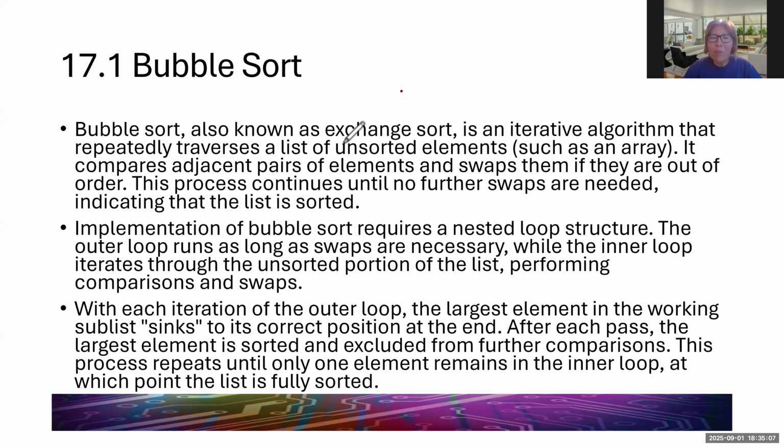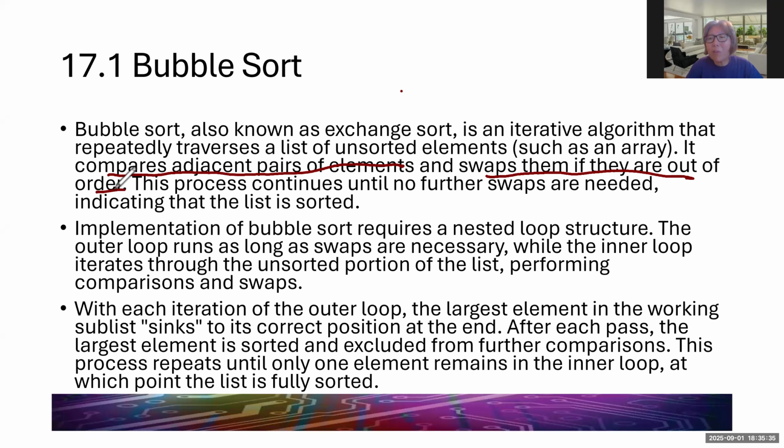What it does is traverse a list of unsorted elements. The unsorted elements can be arranged in an array or some other data structure. It will compare adjacent pairs of elements and swap them if they are out of order.